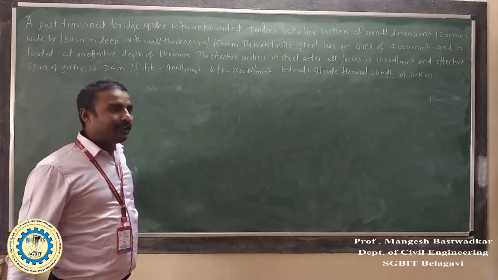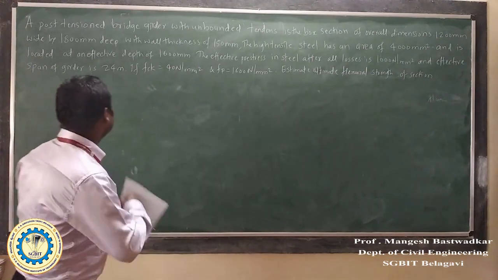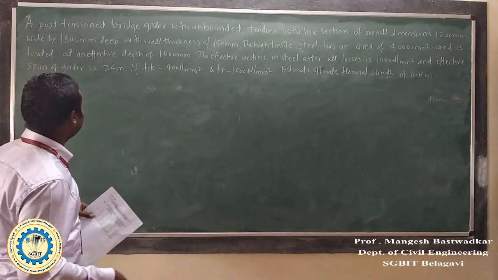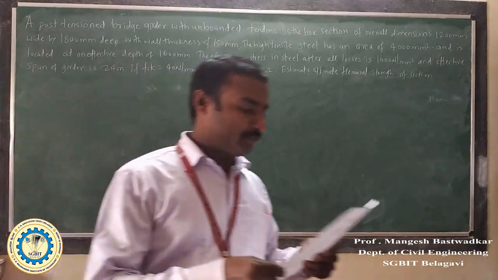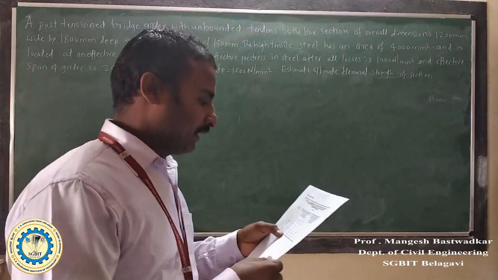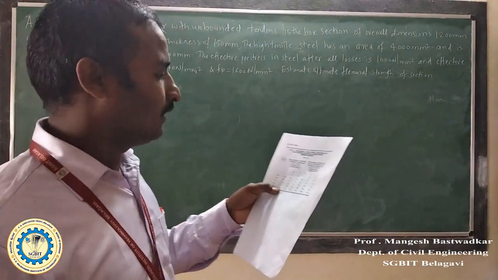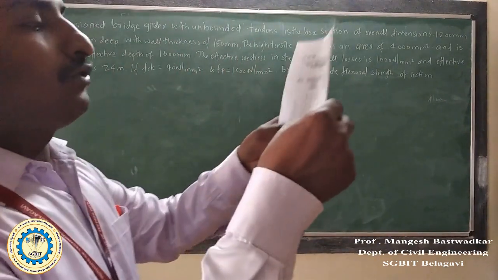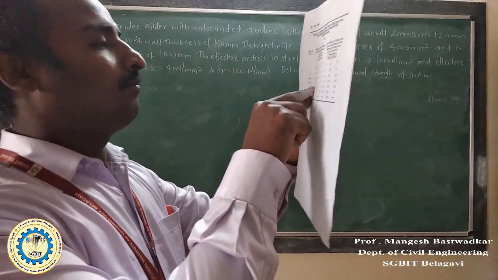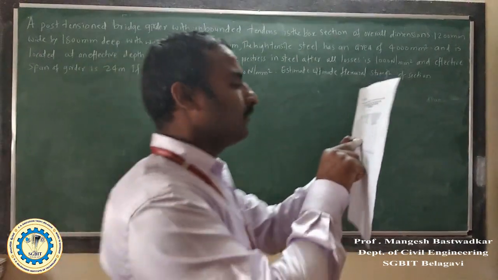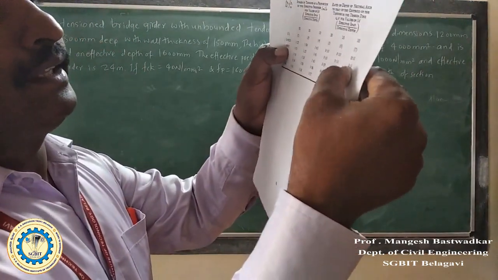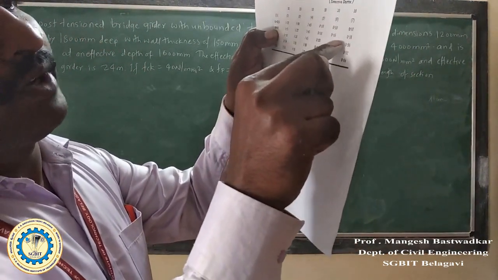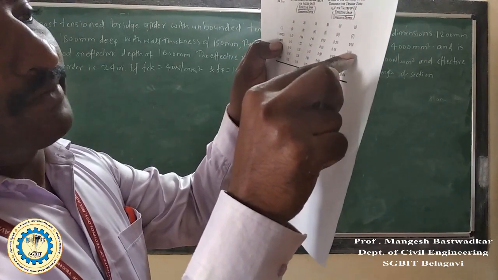So we will obtain the value of XU by D for the effective reinforcement ratio 0.052. You can see here XU by D for 0.05 effective reinforcement ratio is in between 0.16 and 0.17.